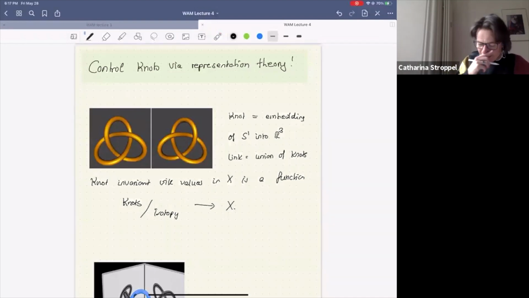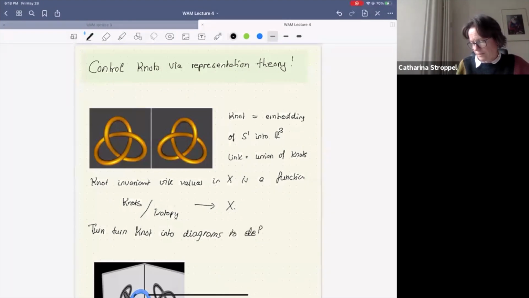And to make a connection to what I did before, I want to use diagrammatics to construct such an invariant. I want to turn the knot into diagrams to define an invariant.